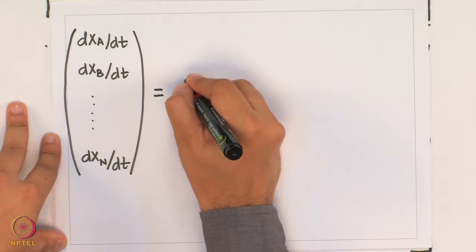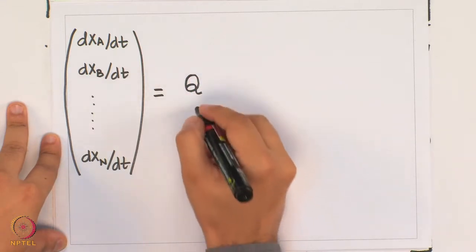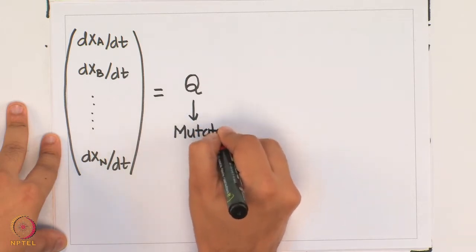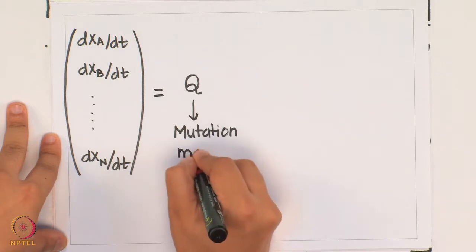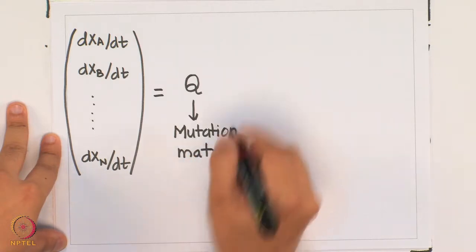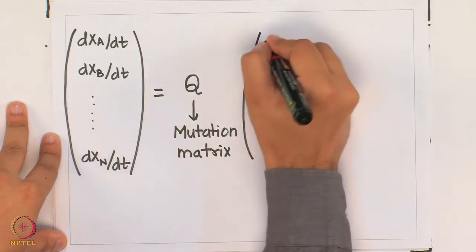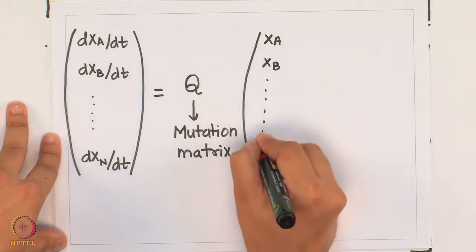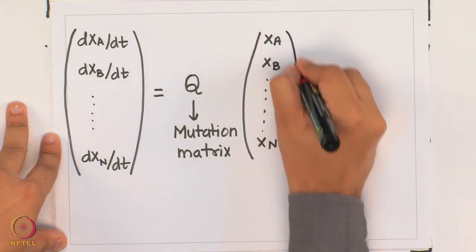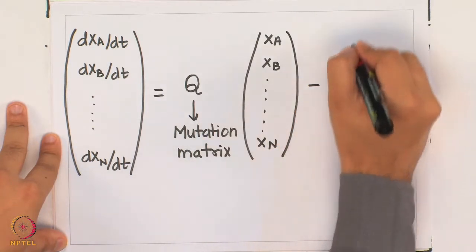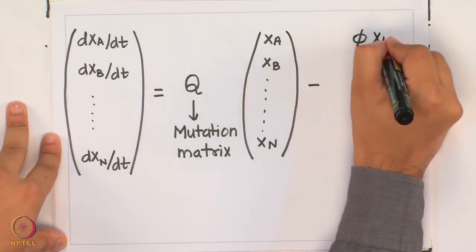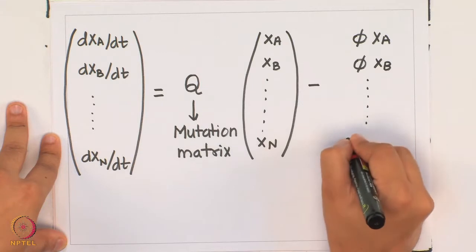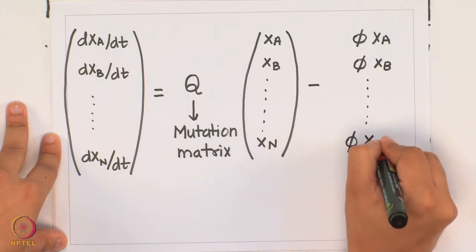This is equal to Q, which is my mutation matrix, times the vector XA, XB, going all the way up to XN, minus phi times XA, phi times XB, and so on and so forth, going all the way up to phi times Xn.